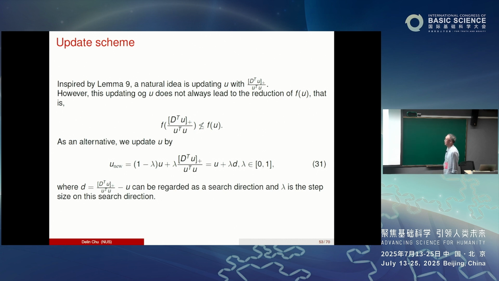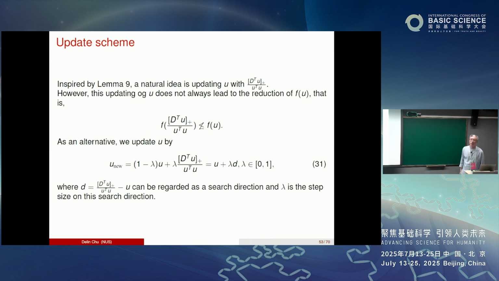Well, unfortunately, this update on U does not always lead to a reduction of f(U). I mean, if we update U by this vector, then the objective value may not be decreasing. So this means we cannot update U using this vector.